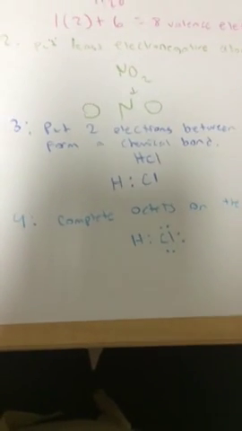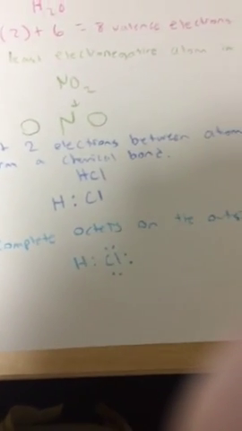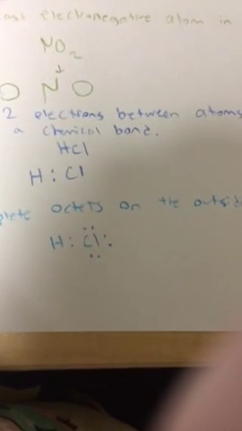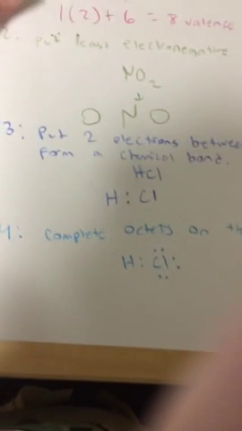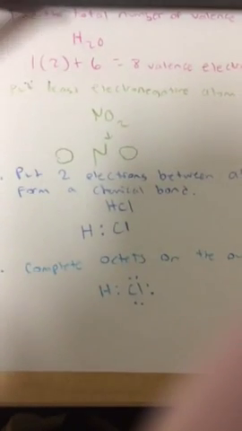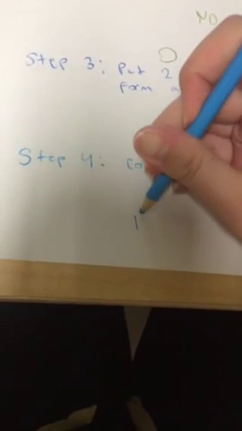So it was completing octets on the outside atoms for this. We have HCl with the 1 there, and then 6 for chlorine. So the big exception to the octet rule is that hydrogen only needs 2 valence electrons for a full outer shell, as shown here.